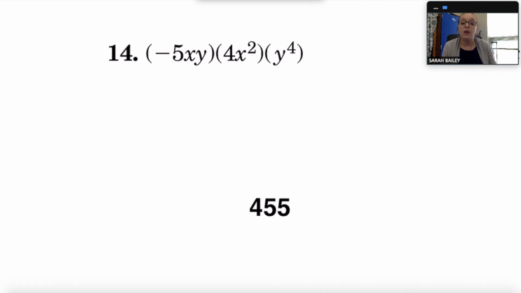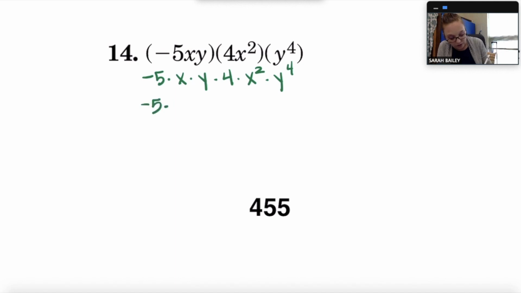So this one, we have more than one variable because I see x's and y's. So again, if you wanted to, you could space it out like this. And when you're multiplying numbers, remember it doesn't matter what order you multiply in, so I actually could rearrange all of that. I could put the constants together, the x's together, and the y's together.